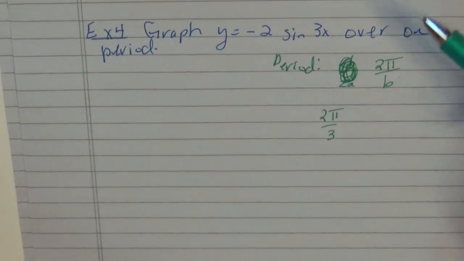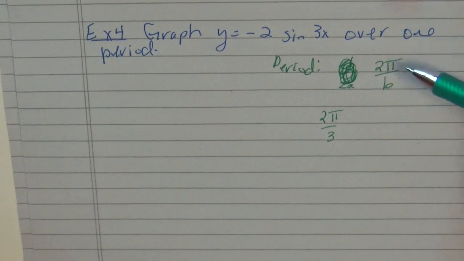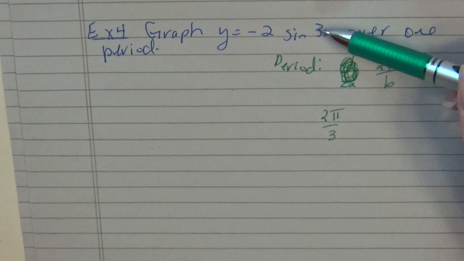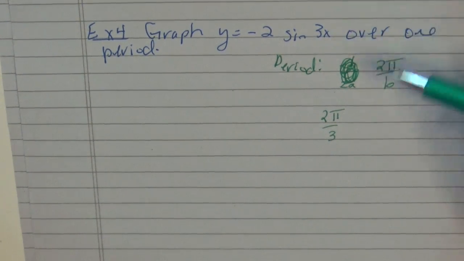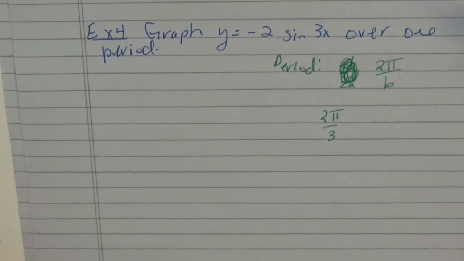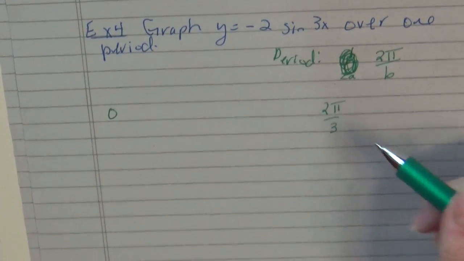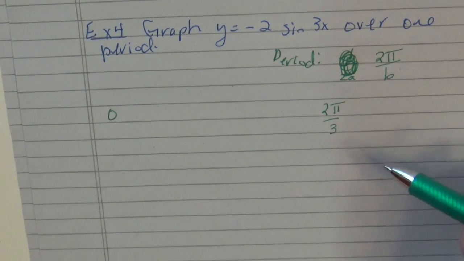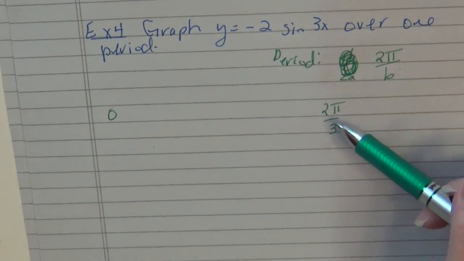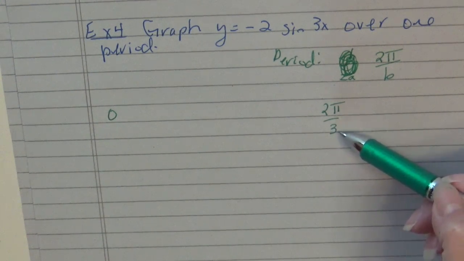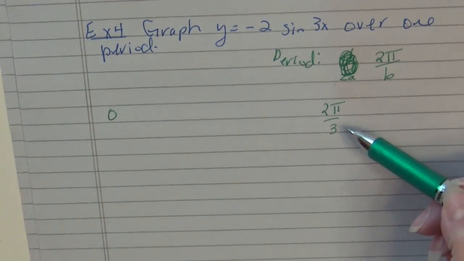Okay, so we're going to graph y equals negative 2 times sine of 3x over 1 period, using the formula 2 pi over b. We know b is the 3, the coefficient on the x, so that means our period is 2 pi over 3. So the rule is we have to take the interval from 0 to 2 pi over 3 and divide this into 4 equal intervals. So the first thing I need is half of 2 pi over 3. Half of 2/3 would be 2 over 6, or 1 over 3.